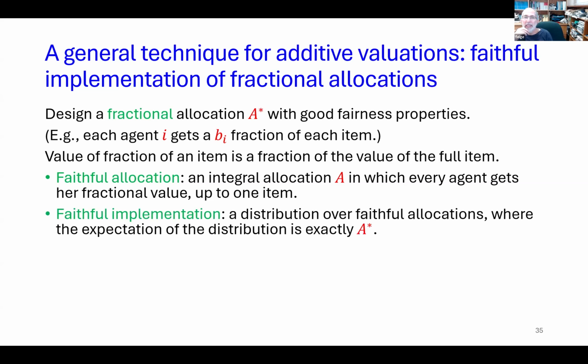And a faithful implementation of a fractional allocation is a distribution over these faithful allocations in which the expectation of the distribution is exactly the fractional allocation. So if we choose at random an allocation from this distribution, then the probability that we get a particular item is exactly the same as the fraction of the item that we held in the fractional allocation.